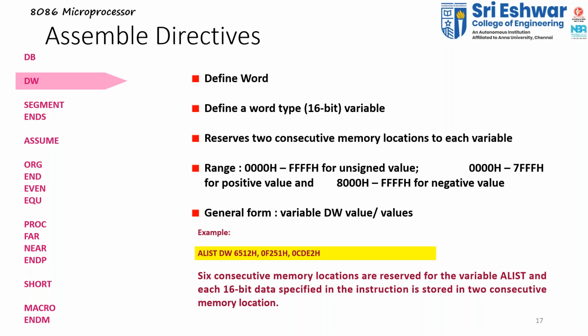Each memory location is used to store one byte of data. That means 8-bit is equal to one memory location. If you want to store 16-bit, then you should go for 2 memory locations.